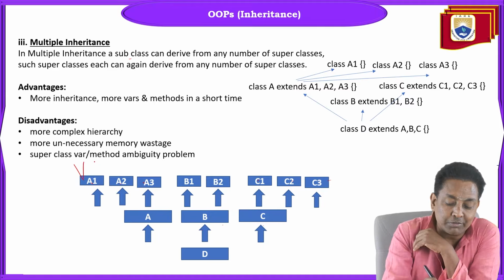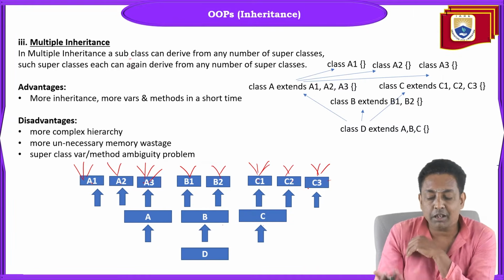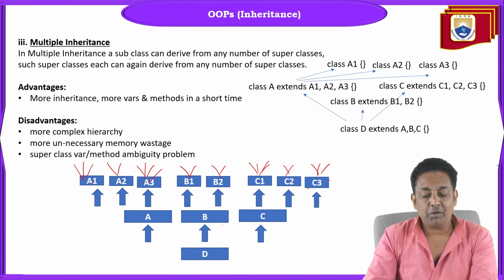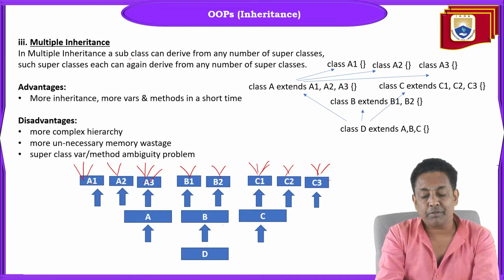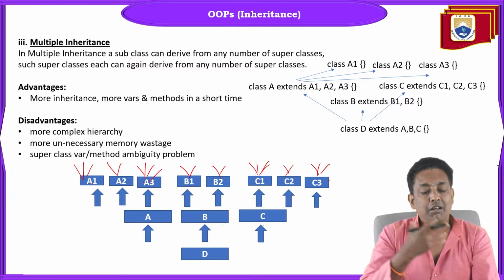Because if A1 derives from 3 more superclasses, A2 from 2, A3 from 4, B1 from 2, B2 from 2, C1 from 3, and so on, tell me, how many classes has D been derived from, from the second level onwards? It is out of imagination. So the hierarchy is so complex.